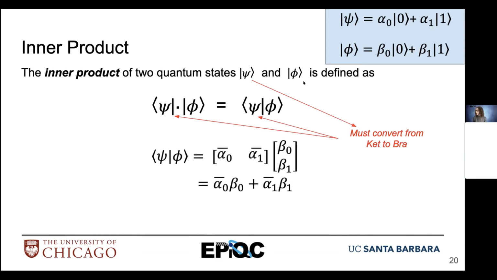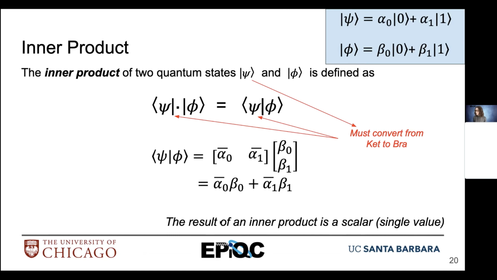Since we're doing our conversion from ket to bra, we take our conjugate transpose, and then we keep our phi state as is. So what is this going to produce for us? Outer product took two vectors and produced a matrix, but inner product is going to take two vectors and combine them in order to produce a scalar. So the result of an inner product is going to be a scalar or a single value.